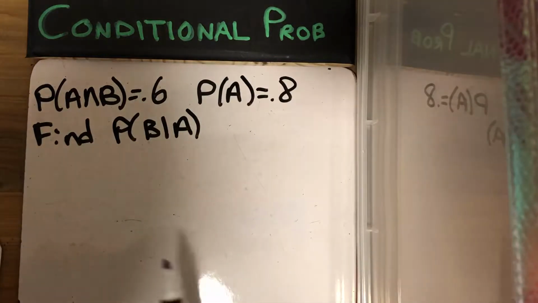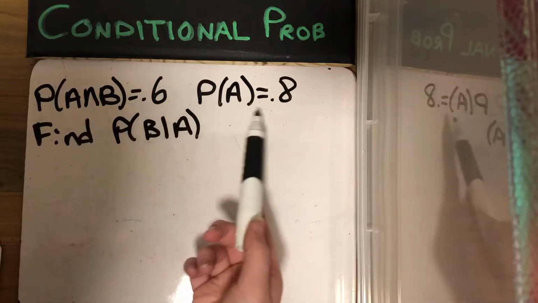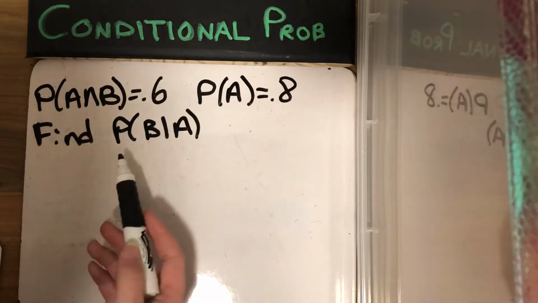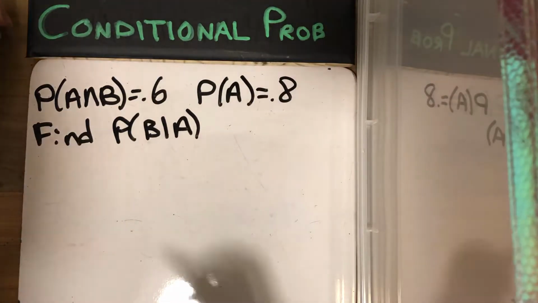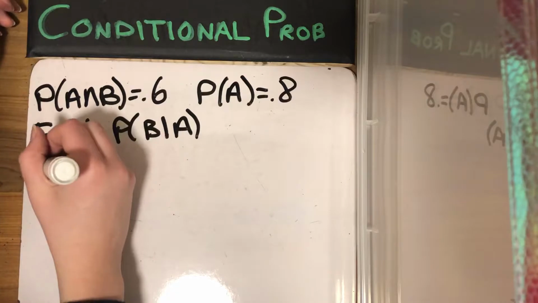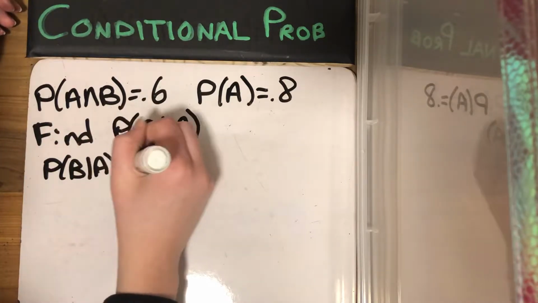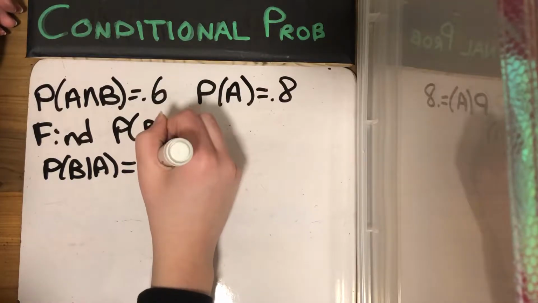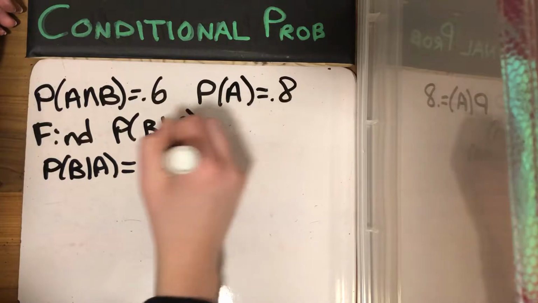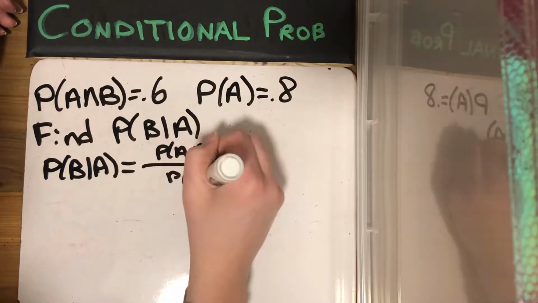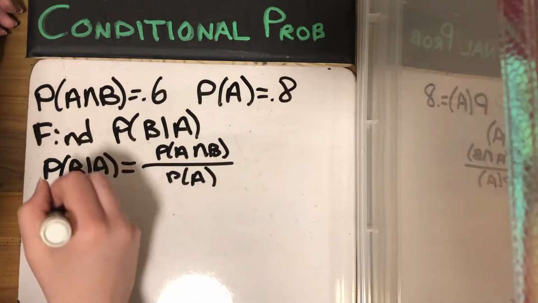So right here is a problem. We're given that the probability of the intersection of A and B equals 0.6, the probability of A equals 0.8, and they want us to find the probability of B given A. So we're going to go back and use the equation that we found, which was probability of B given A equals the probability of the intersection of A and B over the probability of A. And for that, we know the numbers, so we'll just plug them in.